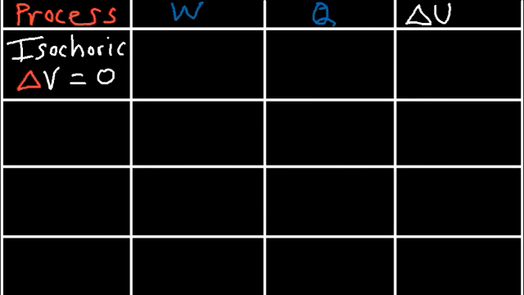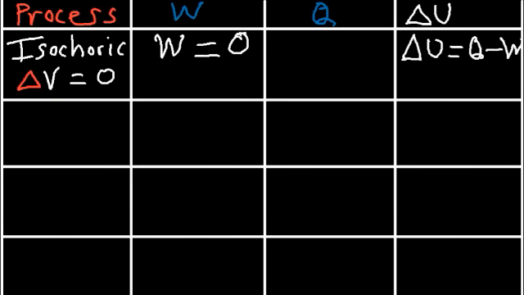And because the volume is constant, the work done for an isochoric process will always be equal to 0. Now, the change in internal energy is equal to Q minus W. So therefore, since W is 0, the change in internal energy will simply be equal to Q.